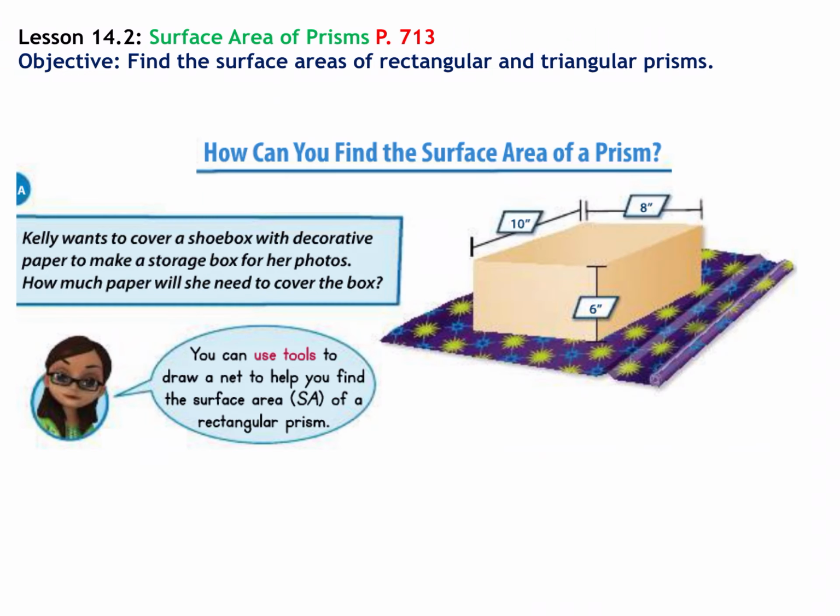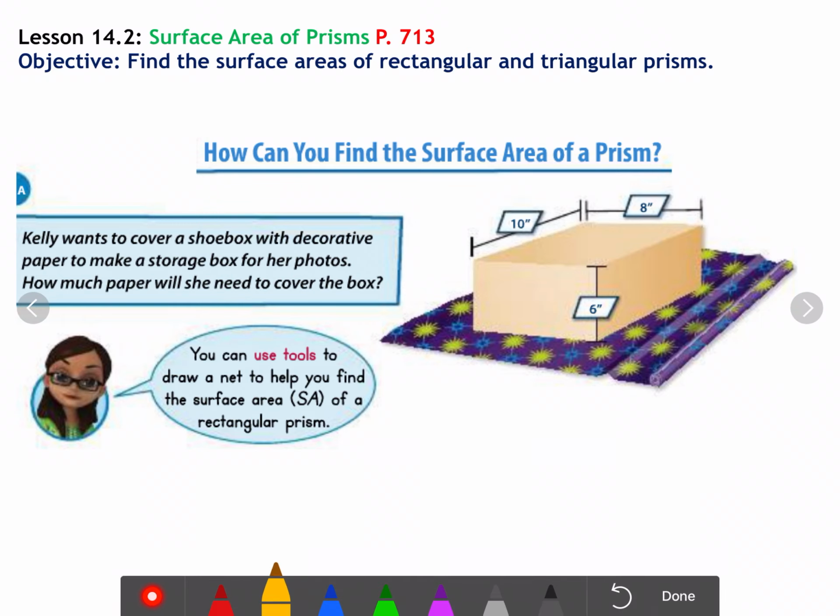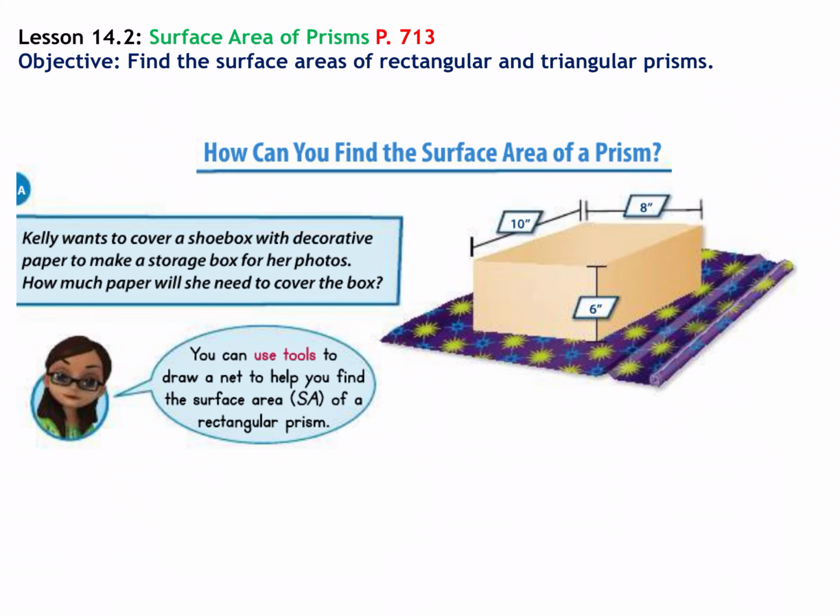I will start with this example. Here we have a rectangular prism with a length of 10, a width of 8, and a height of 6. We have two ways to do this: either we make a net or we use a formula.